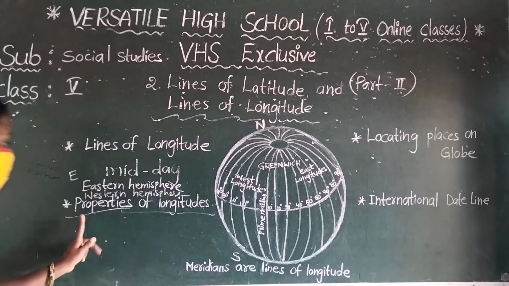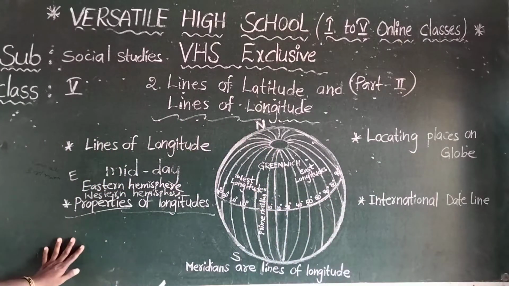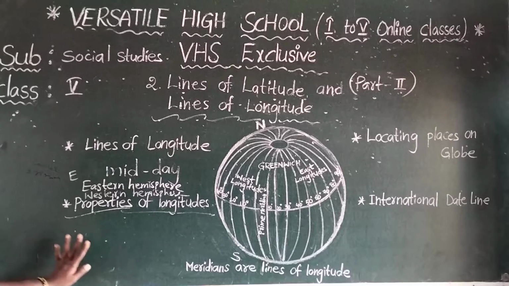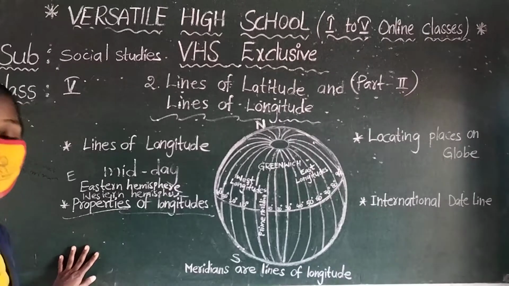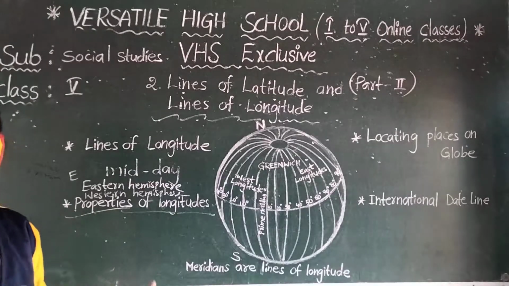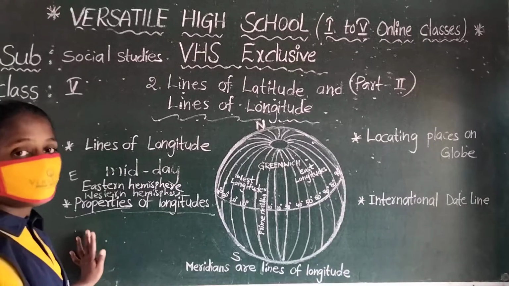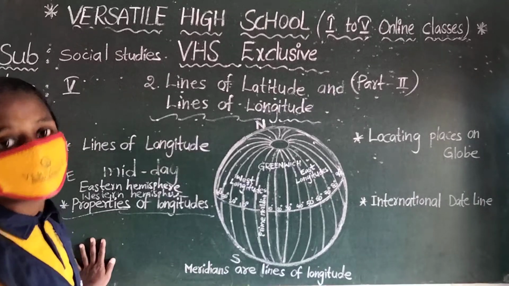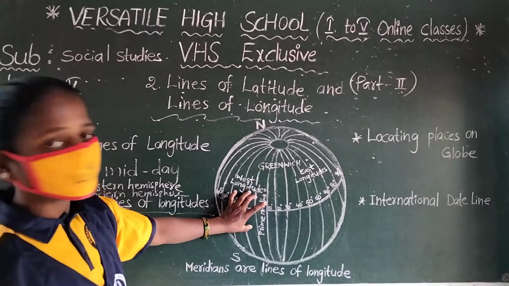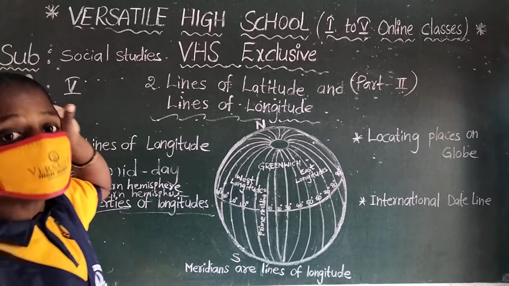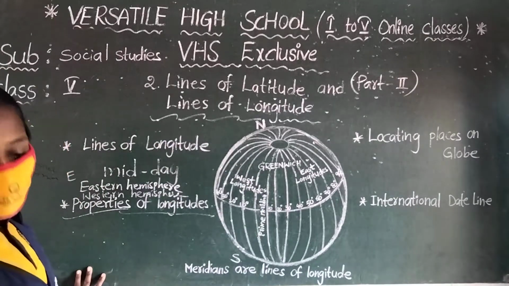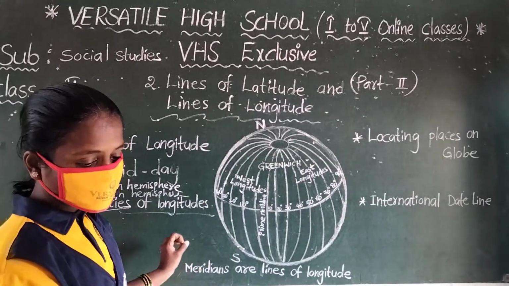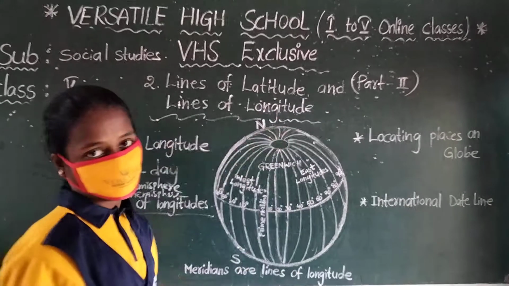You understood, children? Properties of longitudes. The first point is the longitudes do not run parallel to each other, but they meet at one end point. And the second point is the longitudes are farthest apart at the equator, and the gap between them decreases as we move towards the poles.